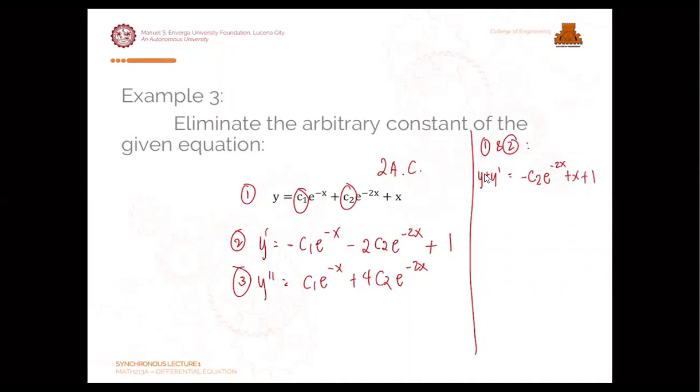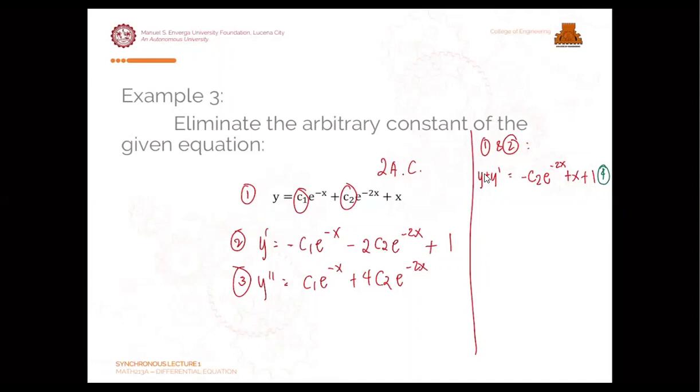Okay? So, ito yung ating fourth equation. Okay? So, next, let's try. Anong pwede? Pwede natin gamitin yung 1 and 3 na equation. Pwede natin eliminate siya. Pwede din 2 and 3. Pero, kung saan kayo mas magiging convenient o kung saan mas magkakameron ng mabilisang solution, doon tayo. Okay?